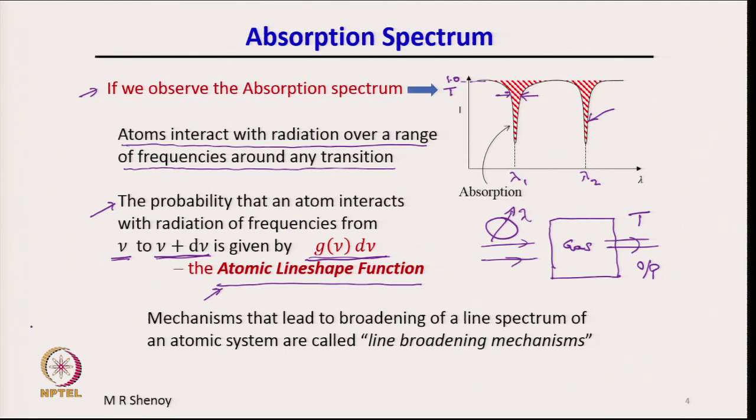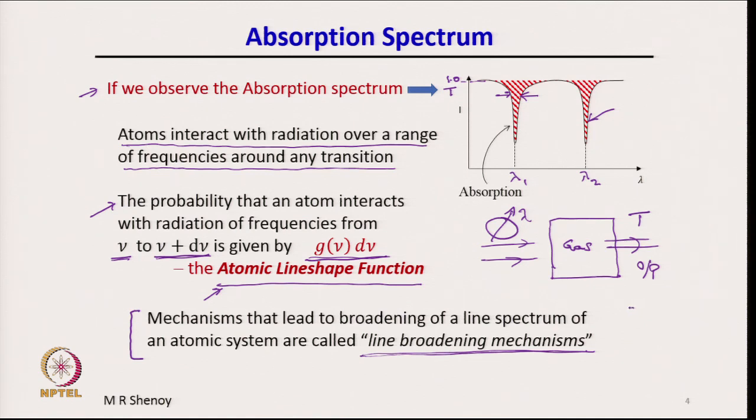Maybe I will show the atomic line shape function in the next slide, but the mechanisms that lead to broadening of a line spectrum of an atomic system are called line broadening mechanisms. This topic we will discuss in detail a little later.